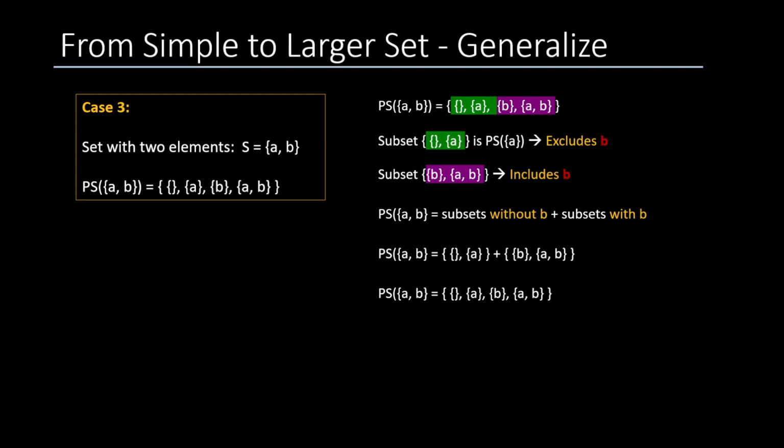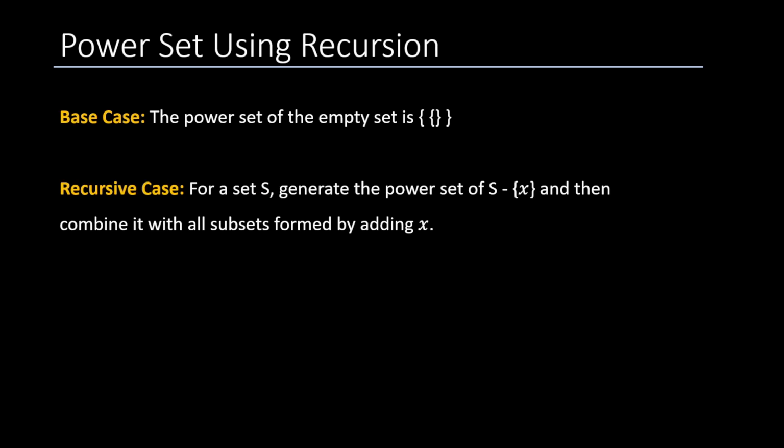Based on the observations, we can see the pattern that can help us to solve this problem. For any set, we can generate its power set by first generating the power set of the set minus one element and then adding that element to each of the subsets generated so far. Now we are ready to define our base and recursive cases. For the base case, if the set is empty, the only subset is the empty set itself.